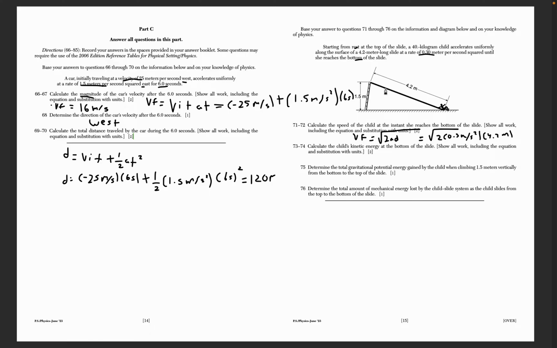Because that's what she traveled right here, 4.2 meters. Which should give you VF equals 1.6 meters per second.